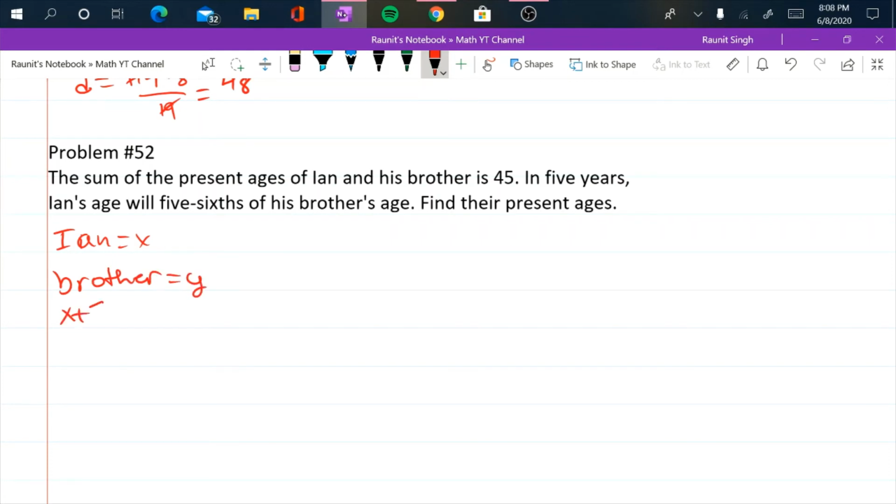Do you know that X plus Y is equal to 45?